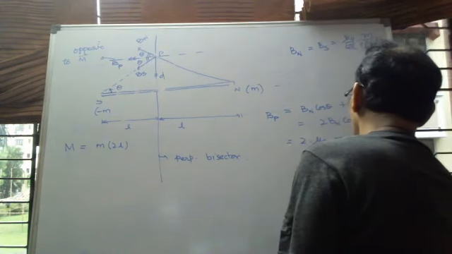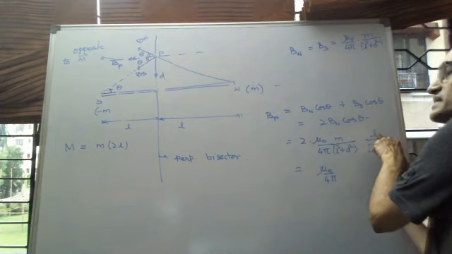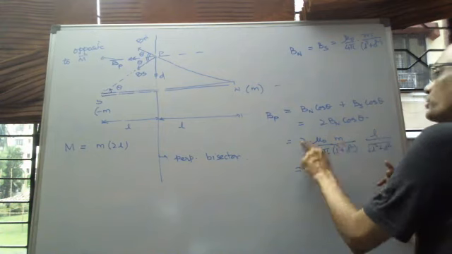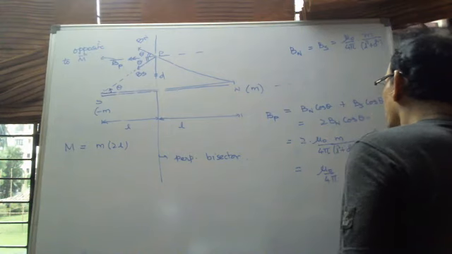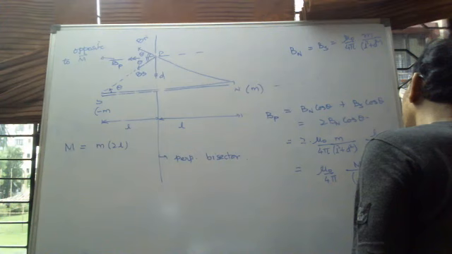Mu naught by 4 pi. Again, 2 ml will be the magnetic moment of this magnet. So m divided by L square plus d square to power 3 by 2.